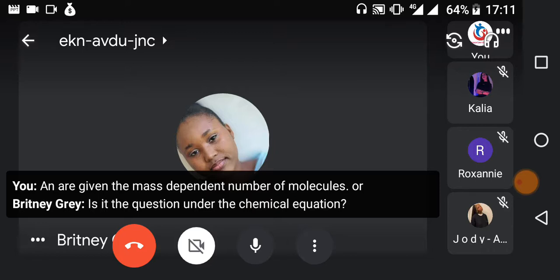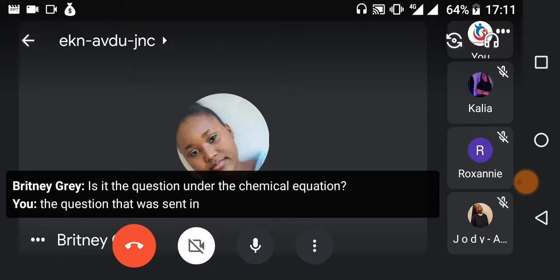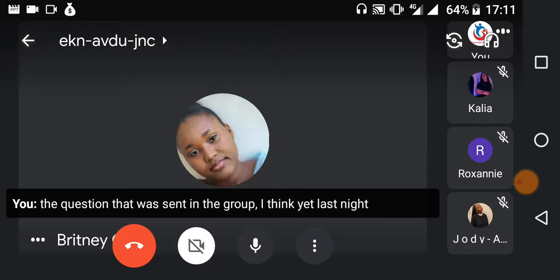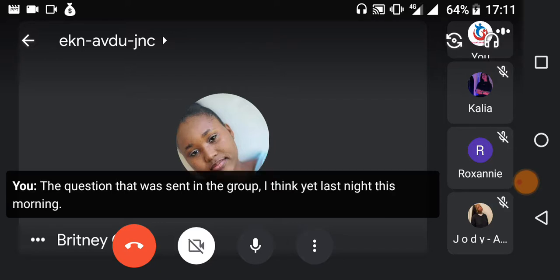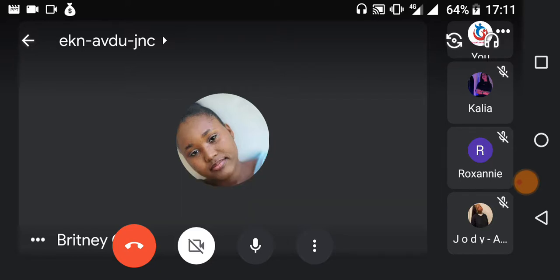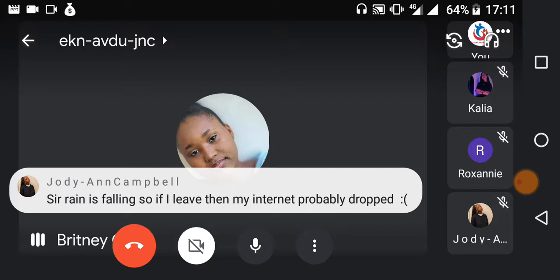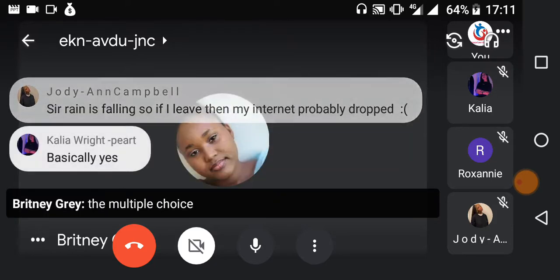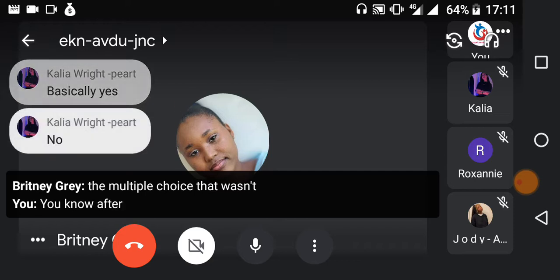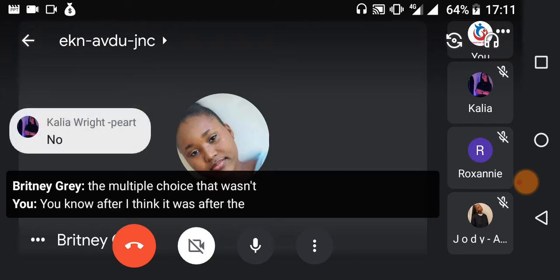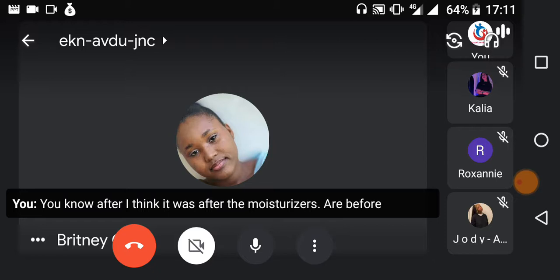No, the question that was sent in the group, I think last night or this morning, that says mole concept worksheet. I think it was after the multiple choice questions or before them, I can't remember.